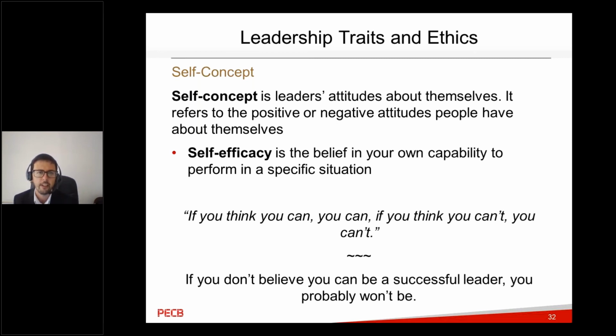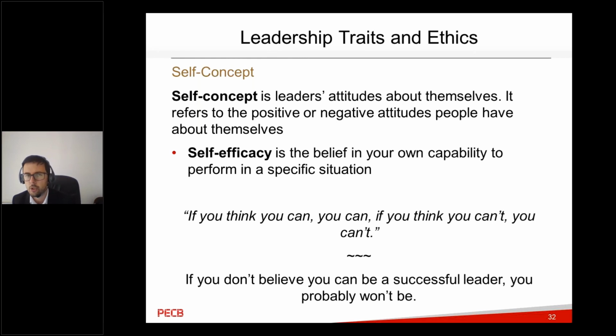Self-efficacy is a small addition to self-concept, because self-efficacy is a belief that you can perform well in a specific situation. This is very important because they are related to self-confidence, and self-confidence is needed when it comes to leading, projecting confidence to others, and gaining their legitimacy.